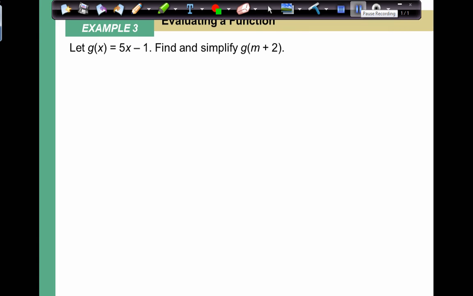What about in this case? Let g of x equal 5x minus 1 and find and simplify g of m plus 2. So in this case, g is the function's name, x represents the input, and our function rule is 5x minus 1. We want to know what happens if our input, instead of being x, is m plus 2.